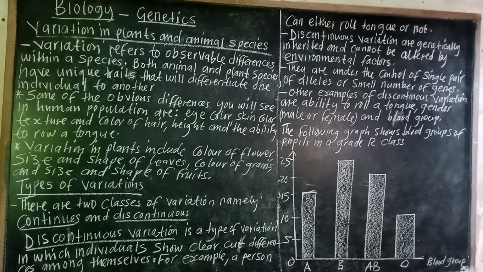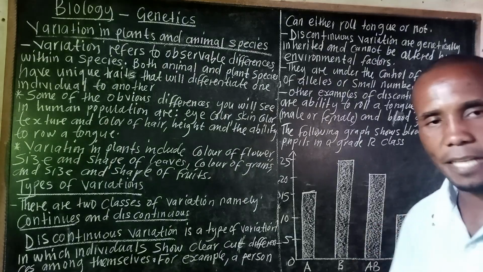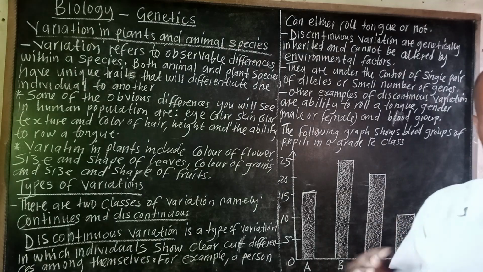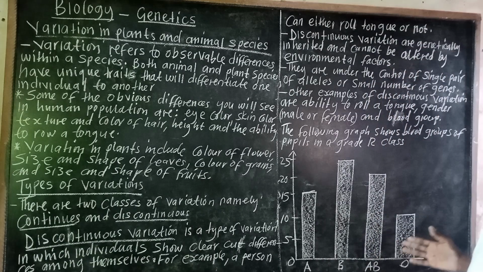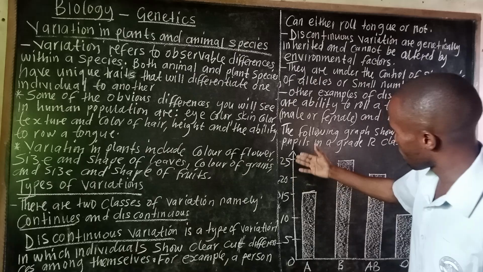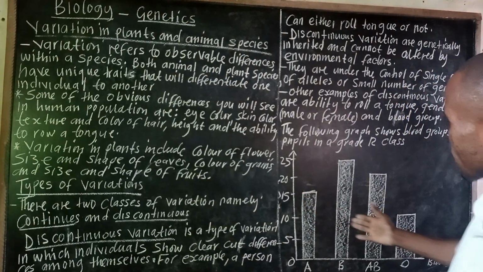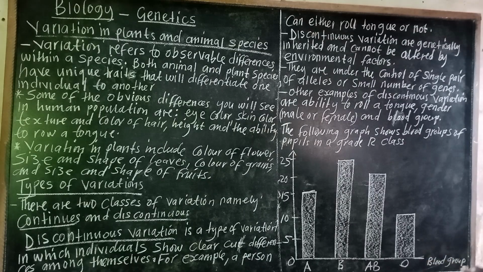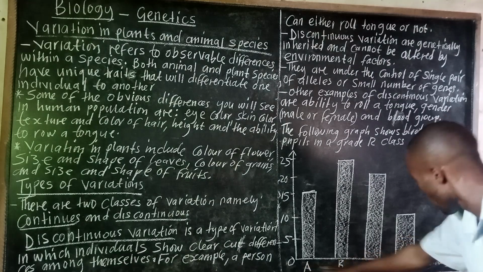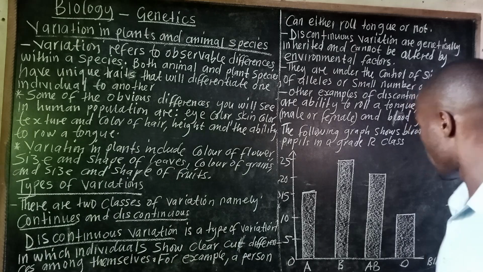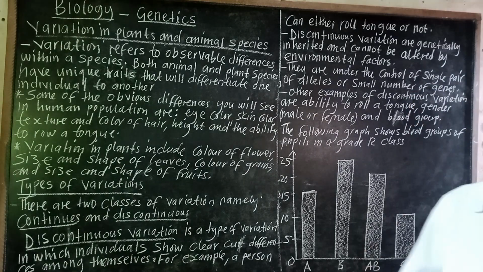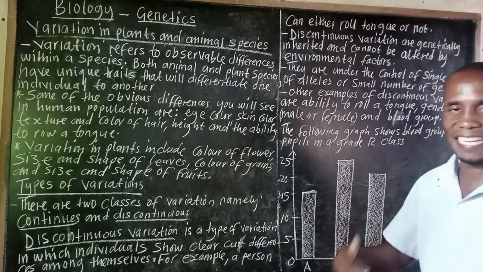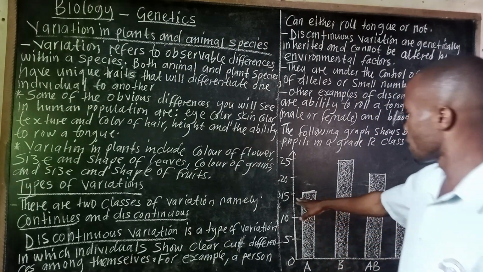Now we are going to look at the graph that I've drawn on the chalkboard and see how discontinuous variation is applicable. When you look at this graph, the vertical line, which is the y-axis, represents the number of learners in that particular grade 12 class. The horizontal line, which is the x-axis, represents the blood groups. For blood group A, there are 15 learners.